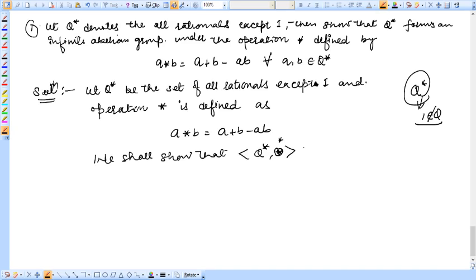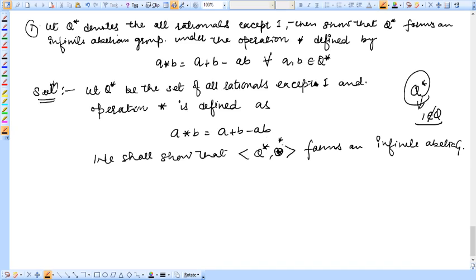There is no big mistake, or there is no major difference. So we shall show that Q star under O forms an infinite abelian group, right?